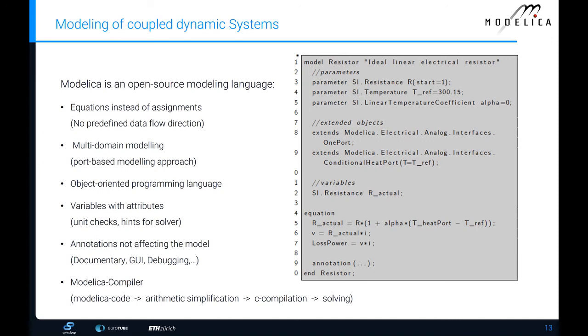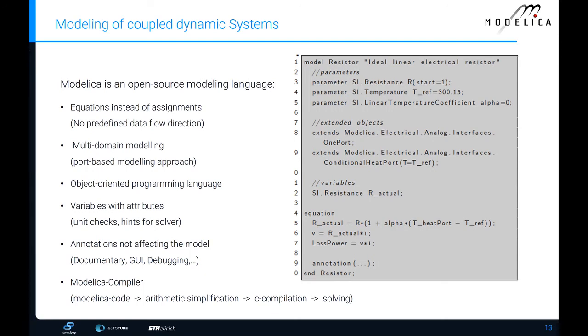Could be. I haven't done a test regarding this especially. But for my side, in my opinion, it's very handy to have equations instead of assignments and no predefined data flow direction, because you can use the same model for different problems.